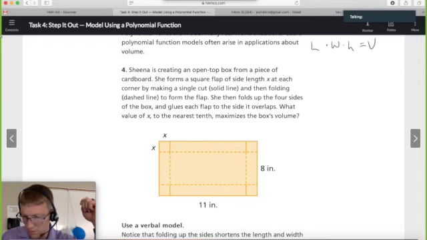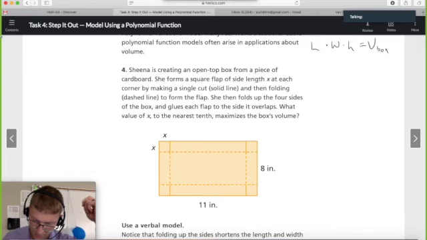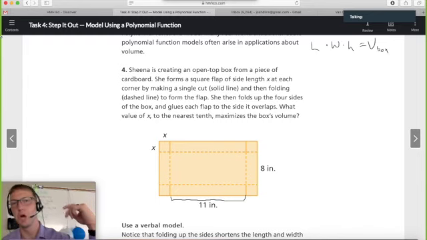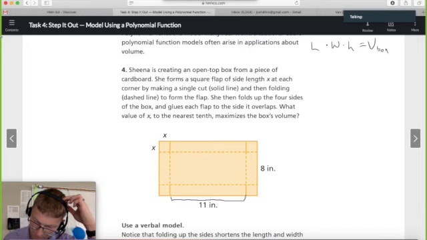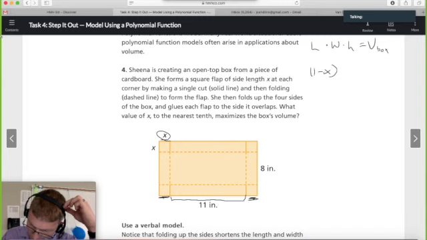Okay, so our length in this case is this part, which is that 11 inches? No, it's not. It is 11 inches minus that piece and that piece, which we know is x. So our length is going to be 11 minus x.